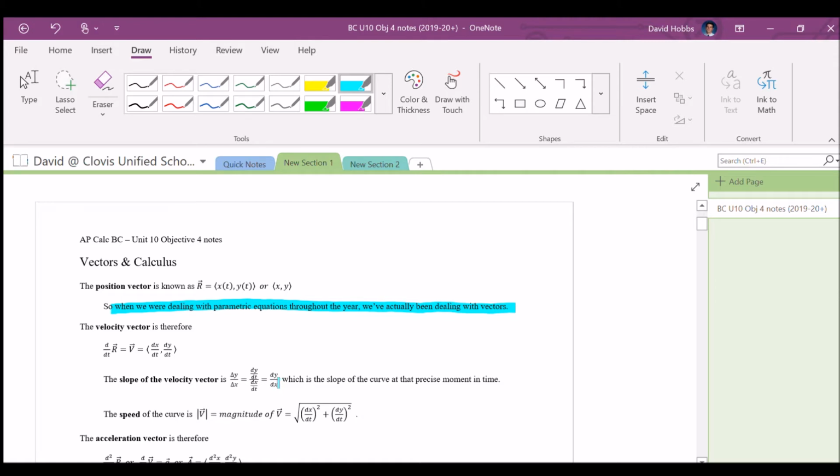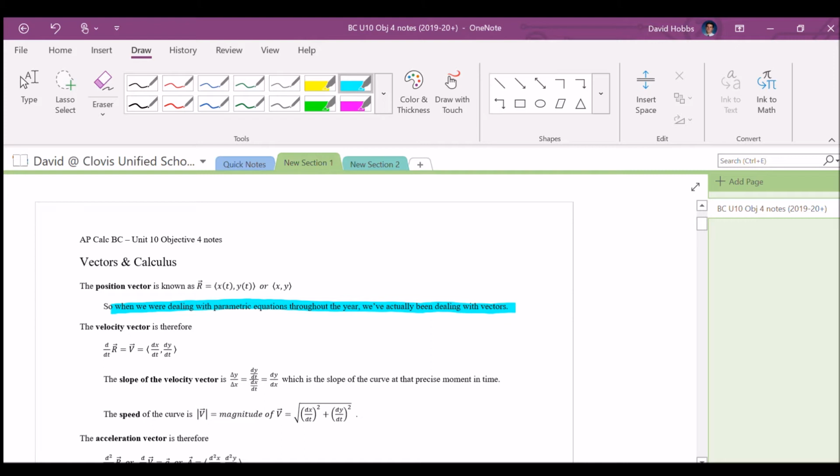And so slope of the tangent line is working just like it has been all year long. Speed of the curve is the absolute value of the velocity, just like we've been doing all year long. Of course, when we have vectors, absolute value of a vector is the magnitude of that vector. So speed is the magnitude of the velocity vector.